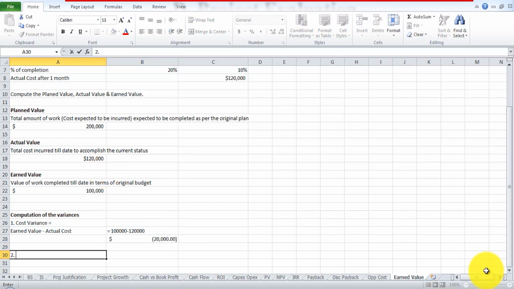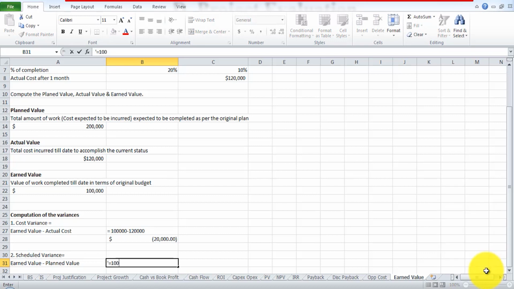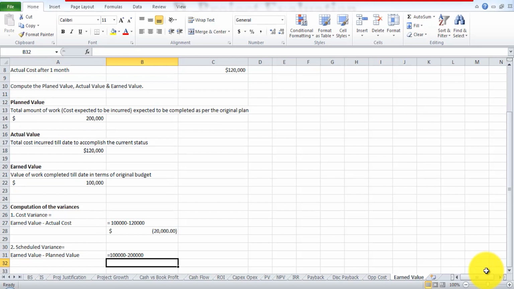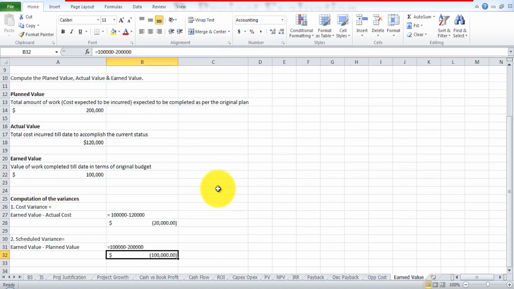Now we're going to go for the schedule variance. That is equal to your earned value minus your planned value. That is equal to $100,000 minus $200,000. What this means is that in terms of the schedule, you are supposed to incur an expense of $200,000 till date by completing 20% of the contract.